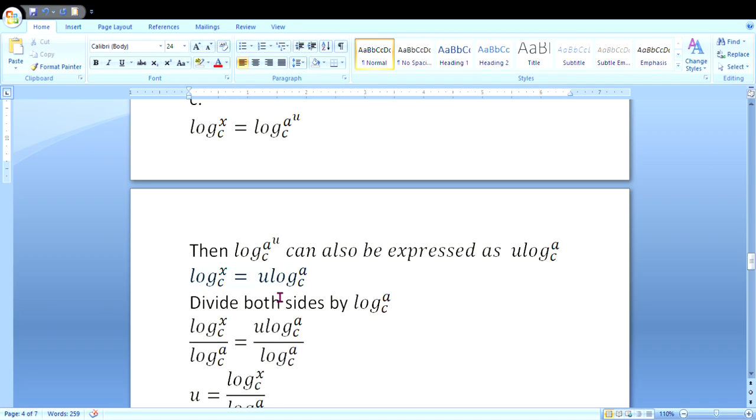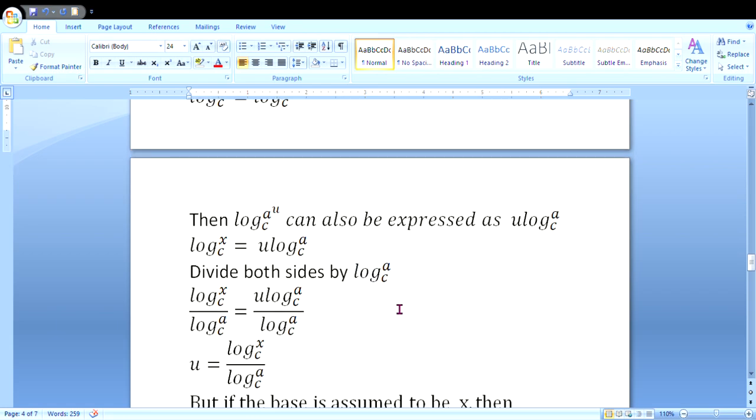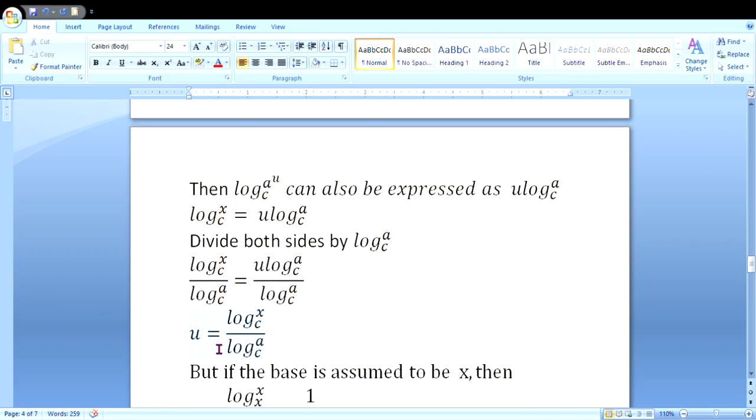How do we obtain u? Initially we said that log x to base a is equal to u. Then we divide both sides by log a to base c, and you will find that u eventually becomes log x to base c divided by log a to base what?